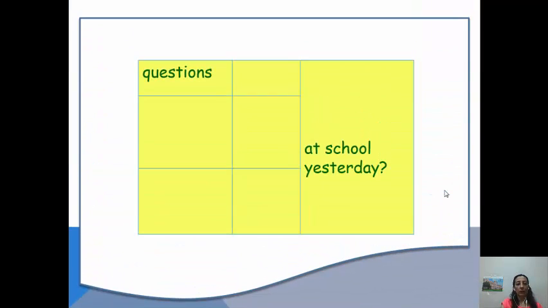Okay, in the question form, as we know, with the verb to be, we put verb to be at the beginning of the sentence, was, then the personal pronoun, then the rest of the sentence, and don't forget the question mark.